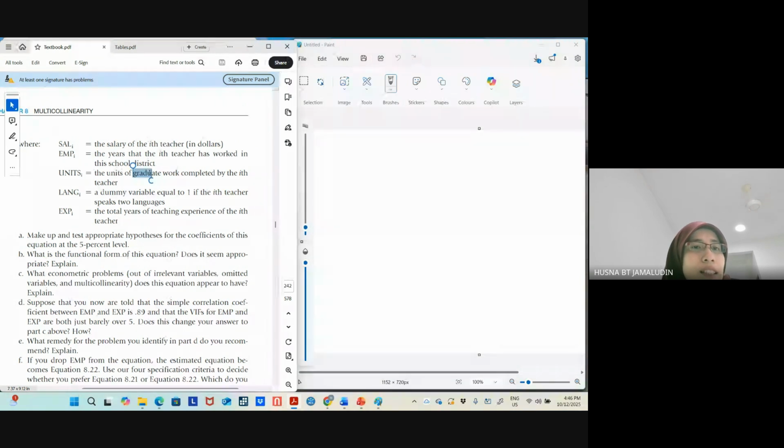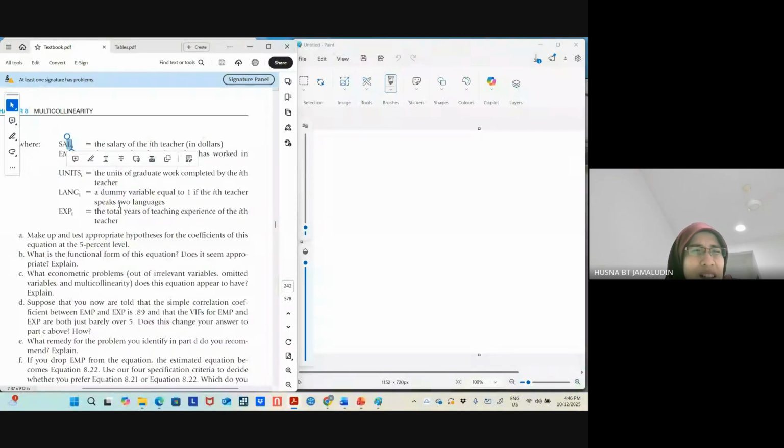If the teacher has completed some certificate training, what happens to you? You will be a skillful teacher, right? Of course, your salary will be high.